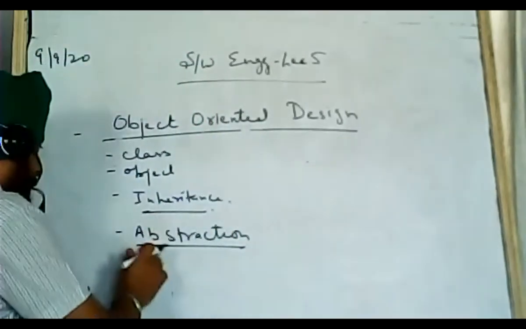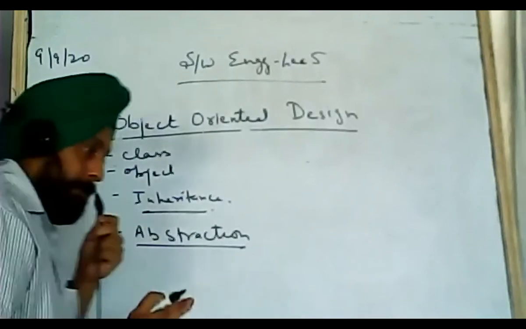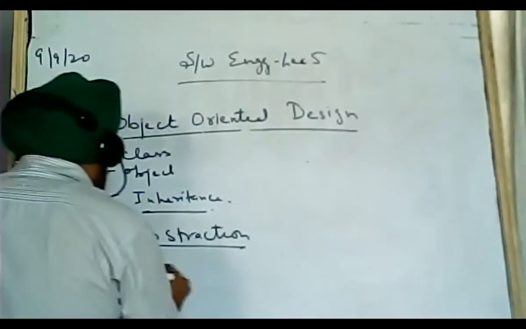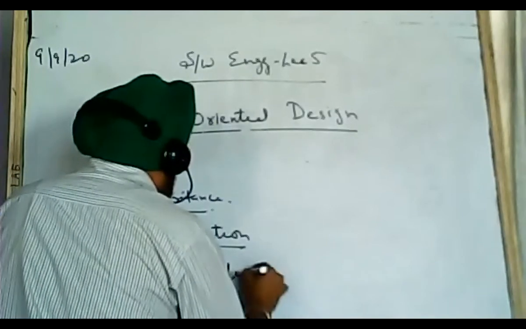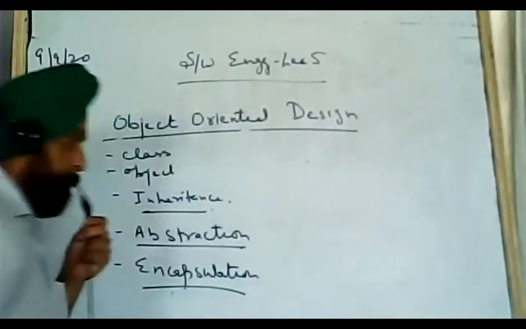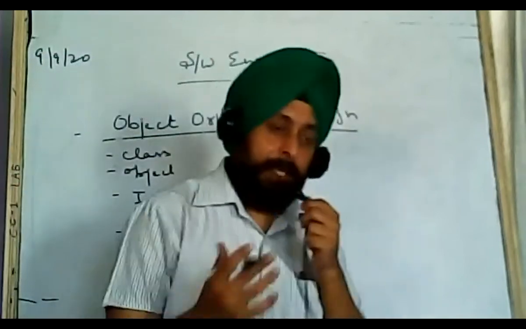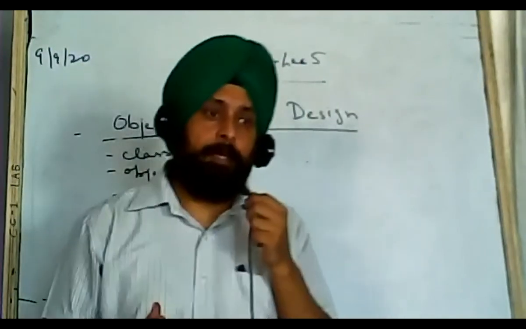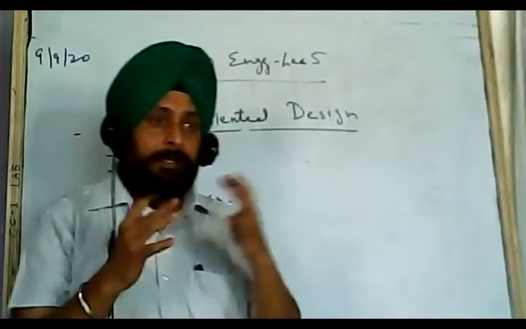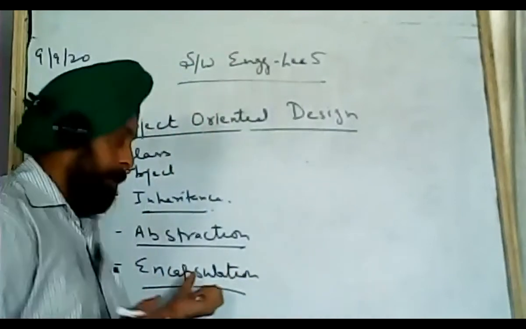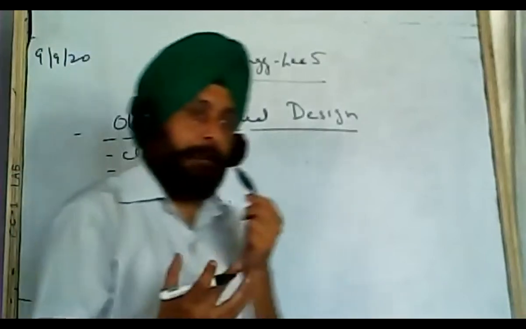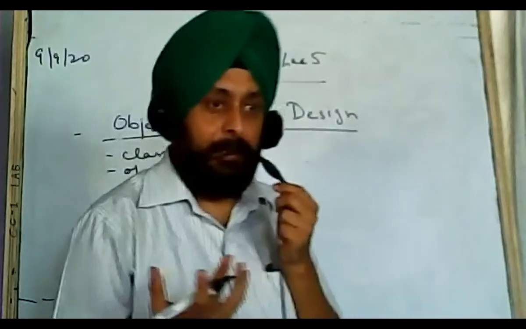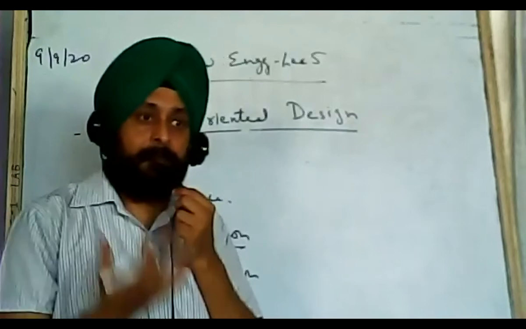The next concept is encapsulation. Encapsulation is a type of umbrella concept where, under one umbrella, you combine two things: the characteristics and the behavior of the class.